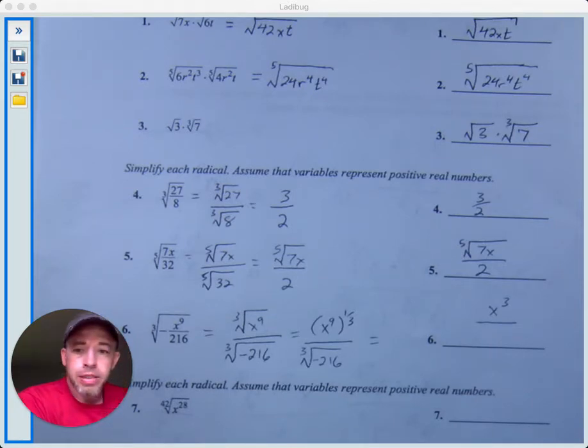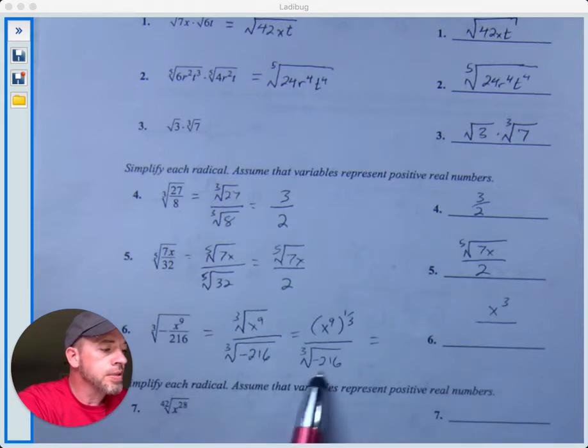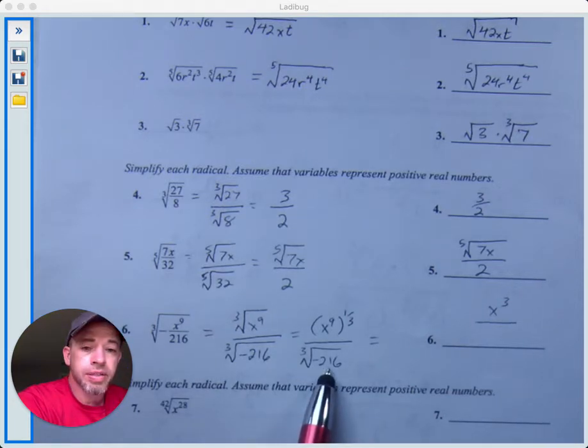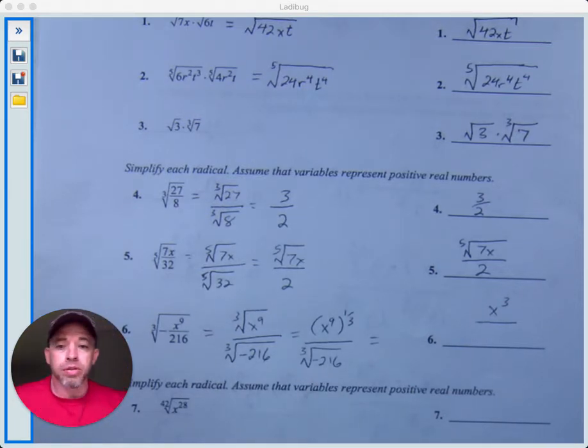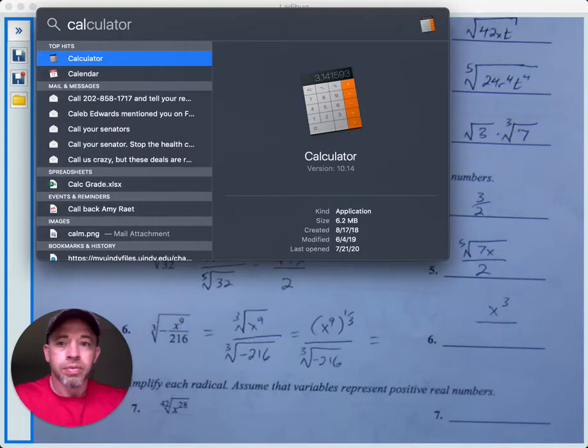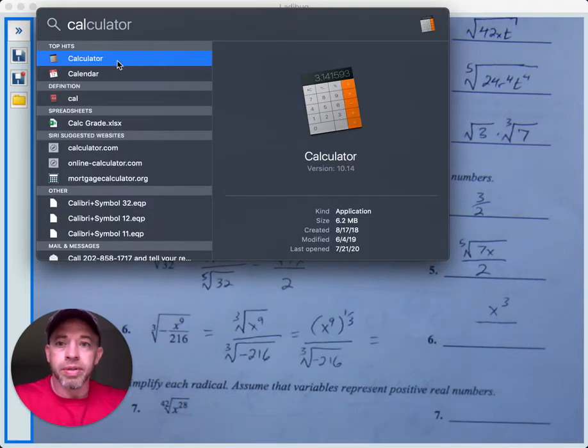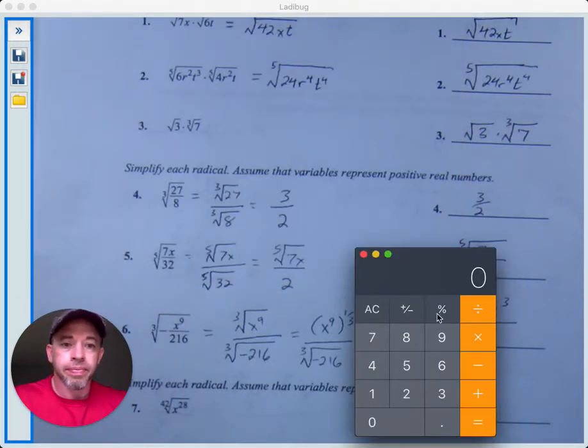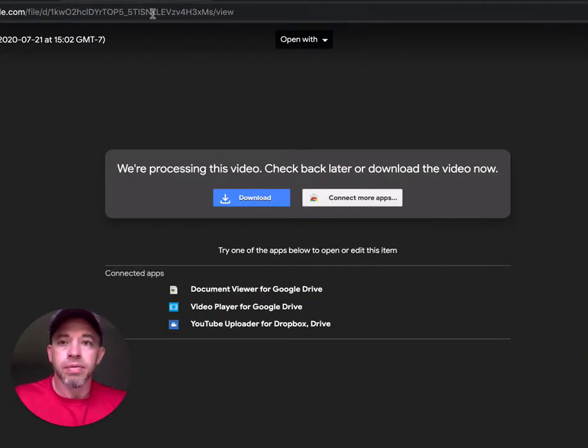So let's think about this for a second. Is there anything times itself 3 times to give you negative 216? Maybe I'll use a calculator to help me out. I'm going to try to use my calculator on my computer and see if it helps.